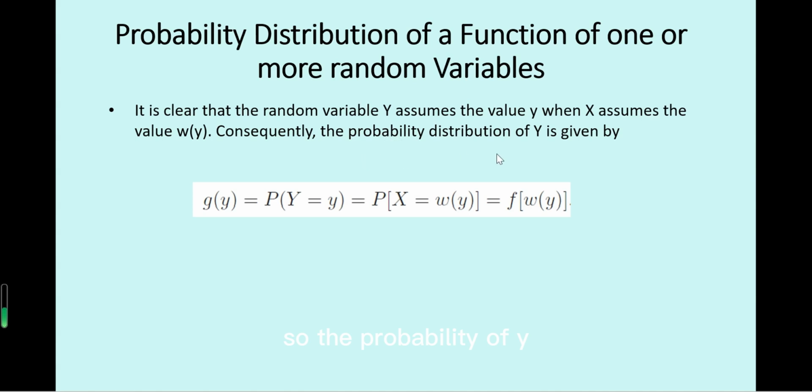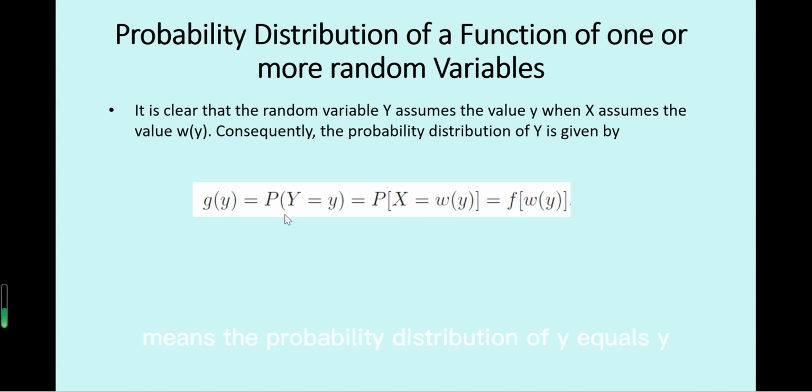So the probability of Y, called g(y), equals the probability that Y equals y, which is also the probability that X equals w(y), because they are a one-to-one transformation. If y has one value, then x has another value which equals w(y).